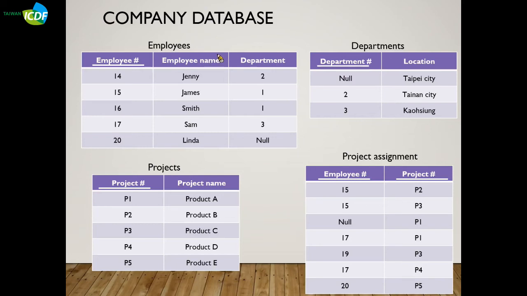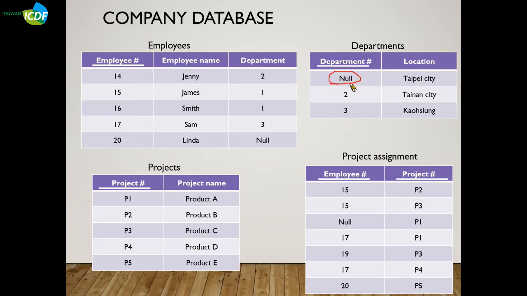So now we will examine the rest of the tables of this database. The departments table: its primary key is department number, and here the primary key is null.